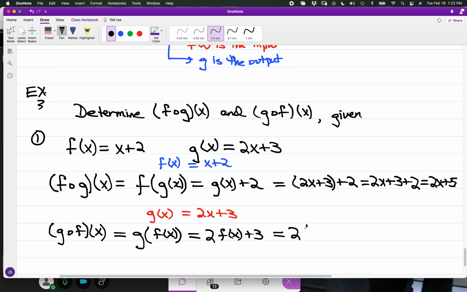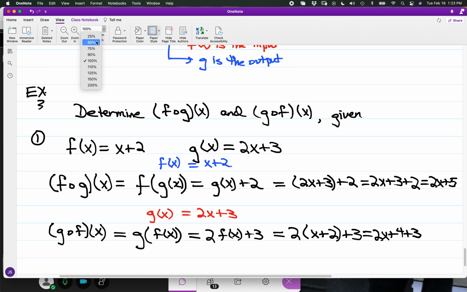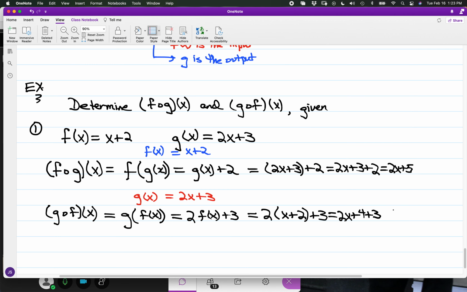So that's going to be 2 times f of x, and f of x we have as the quantity x plus 2, followed by the addition of 3. And in the follow through, we're going to have 2x, and 4 and 3 will make 7.